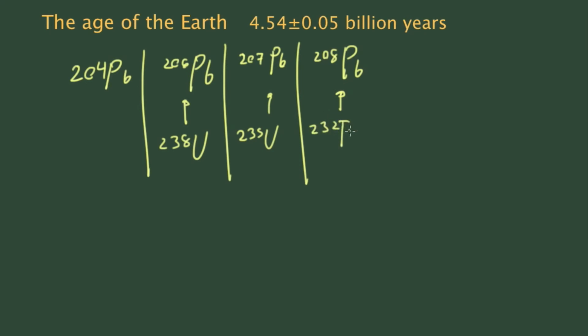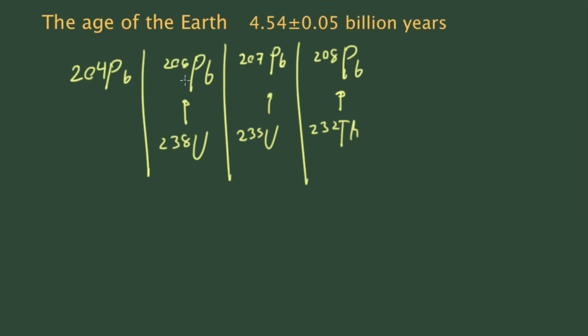Now, I'm not trying to imply that uranium or thorium decays directly to lead. There is a decay chain, with a lot of alpha particles emitted, and electrons, and some energy released. These decays are particularly important because their half-lives are comparable with the age of the Earth.